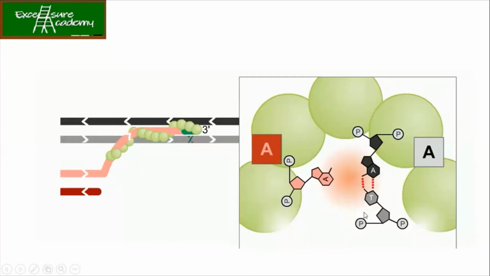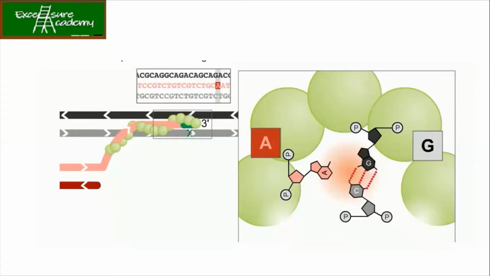And remember, pink has to base pair with black. So is it happening? The perfect match? No, ma'am, because A and A cannot form base pair. So it is going to skip this. Don't get confused that since it is AT, this should be it. It is not like that. Keep in mind that pink and black have to base pair. So A and A cannot base pair.